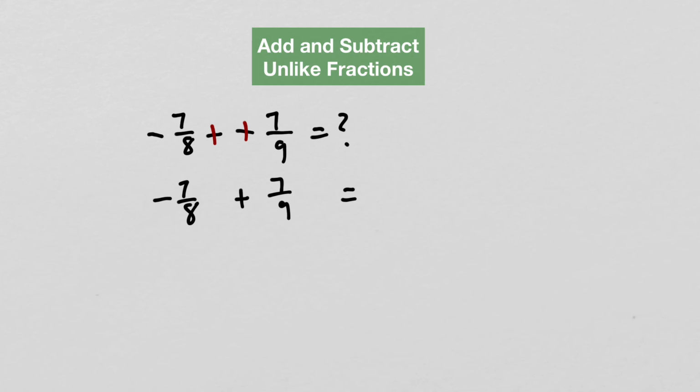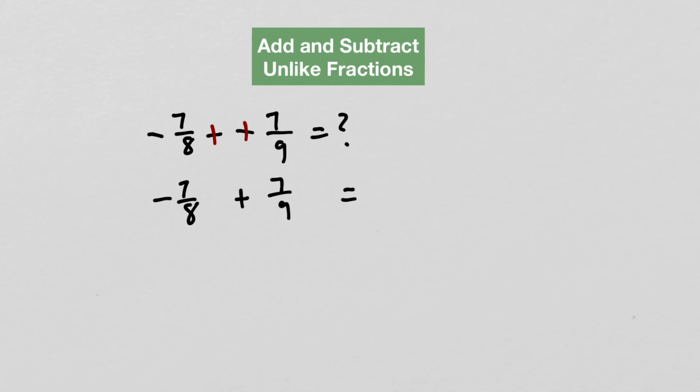Multiples of 9 are 9, 18, 27, 36, 45, 54, 63, 72. Let me write these out because it's probably easier to see them.